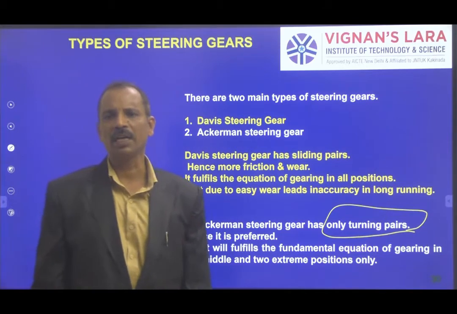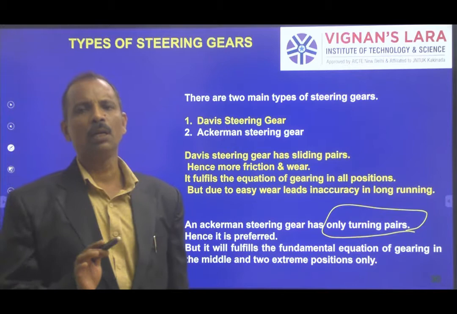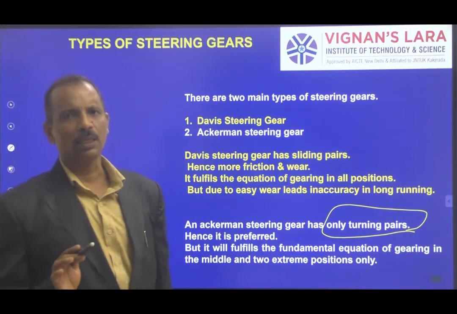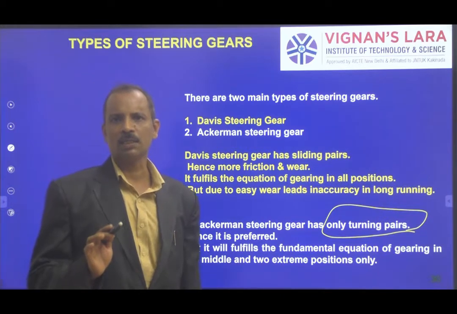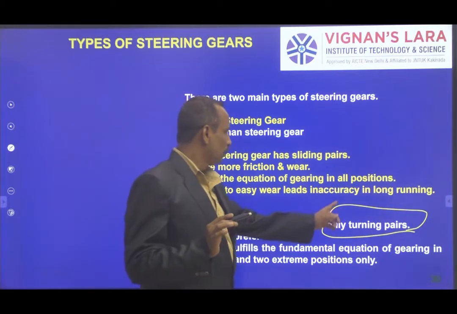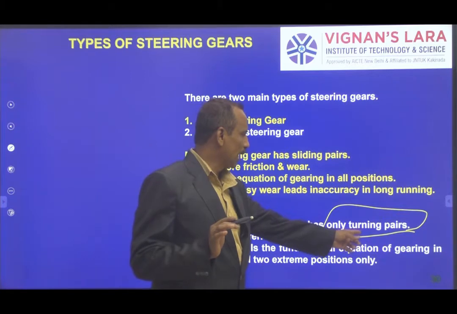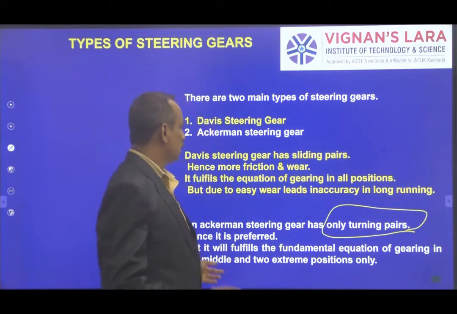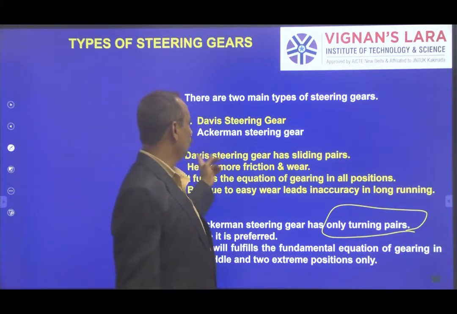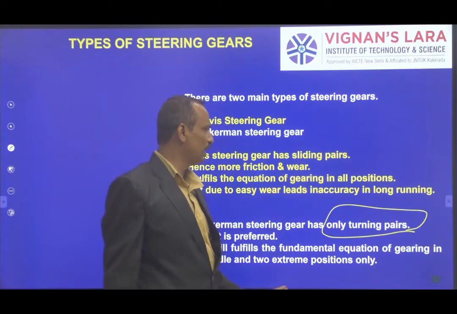As you are aware from simple mechanics, surface rubbing or surface wear is more when compared with the wear and tear due to line or point contact. In the case of Davis steering gear, the relative motions are all sliding pairs, where there will be more wear and tear.